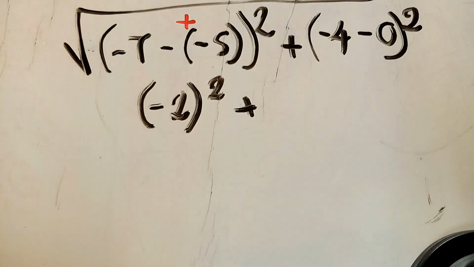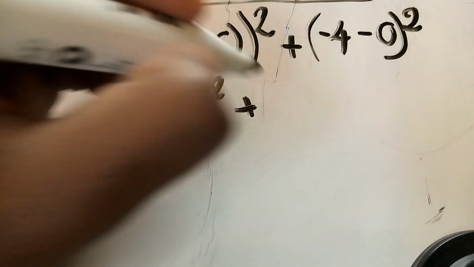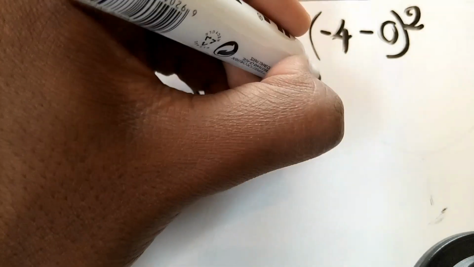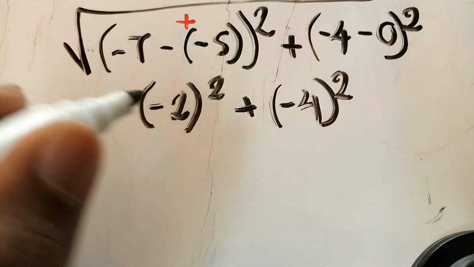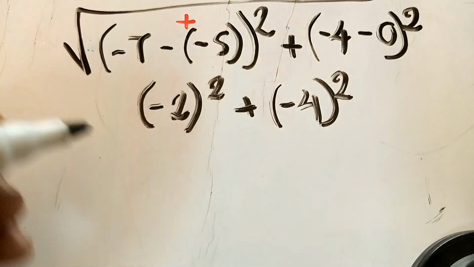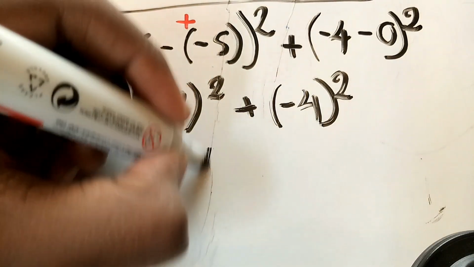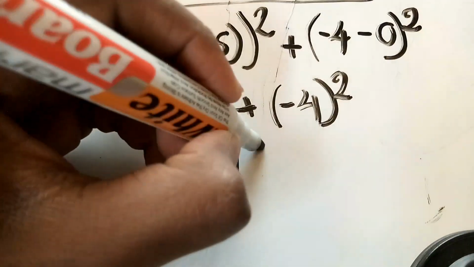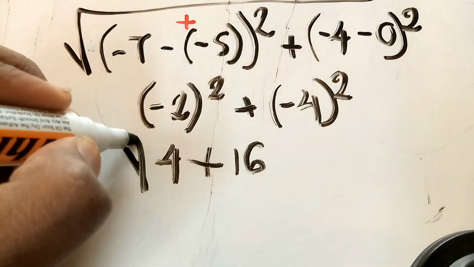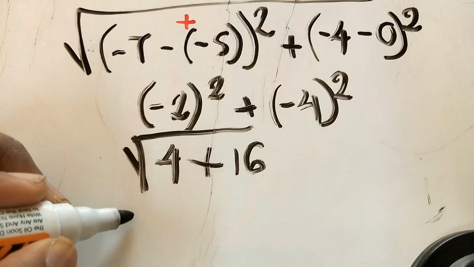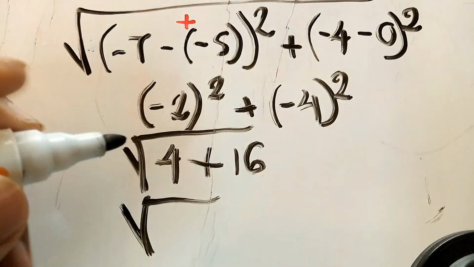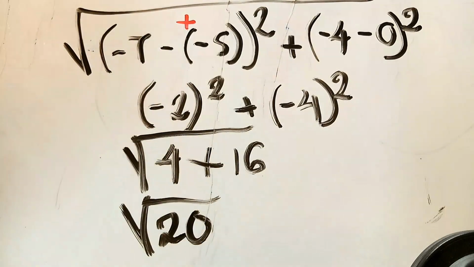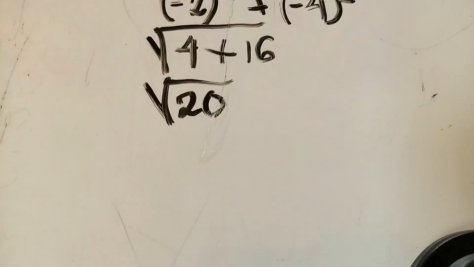And then negative 4 minus 0 is just negative 4. Square that too. So negative 2 squared is 4. Then negative 4 squared is 16. So we're going to find the square root of those two added together. 4 plus 16 is 20. So now we're going to find the square root of 20.